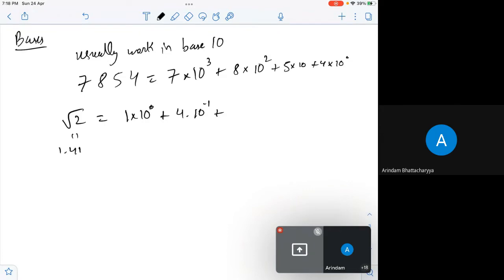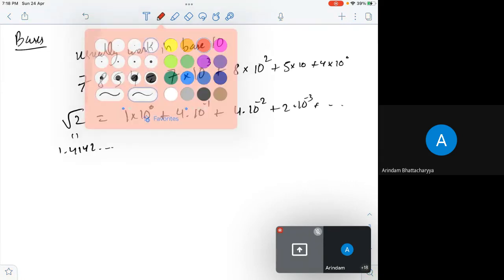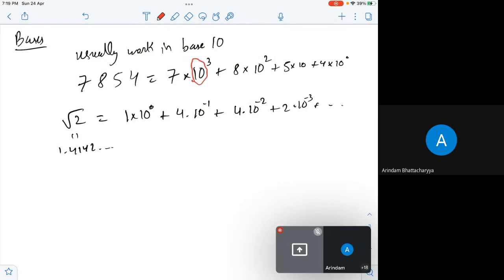This is 1.4142 something like that. But the thing is, there is nothing special about 10, right? The only thing special about 10 is that we have 10 fingers. Well, most people have 10 fingers.